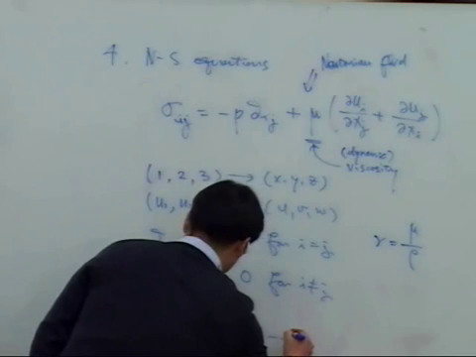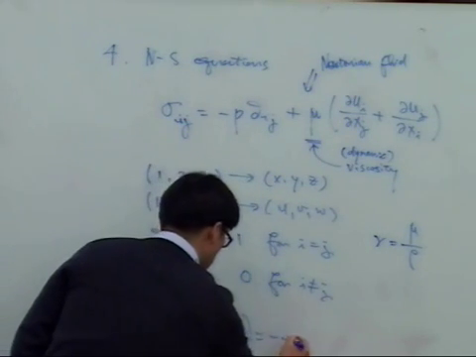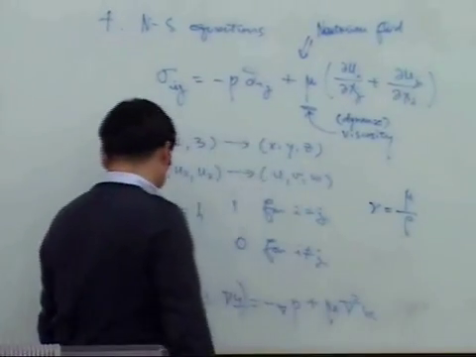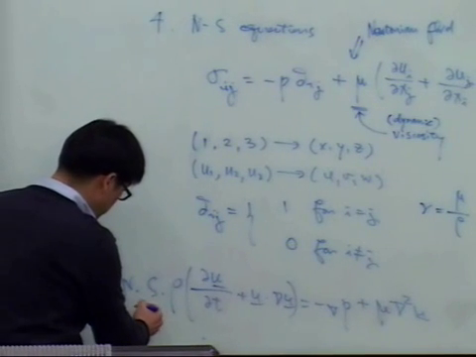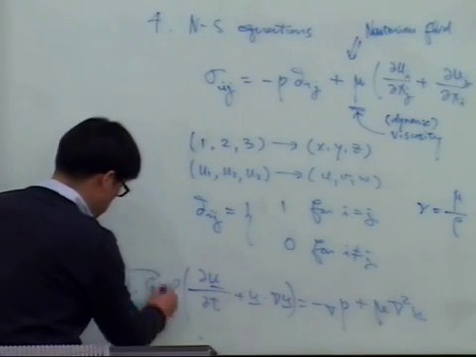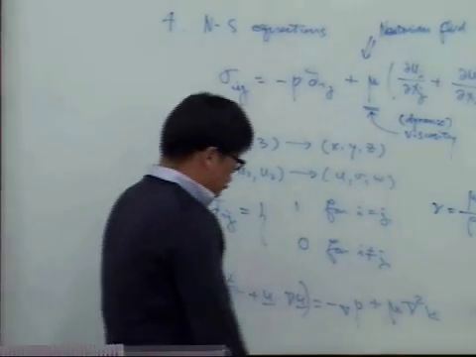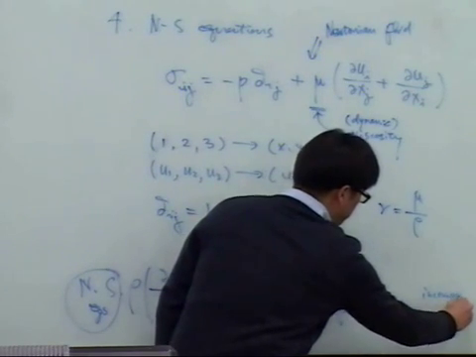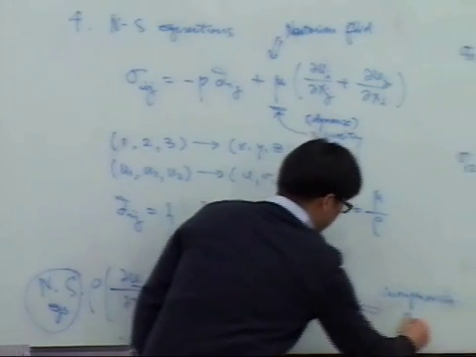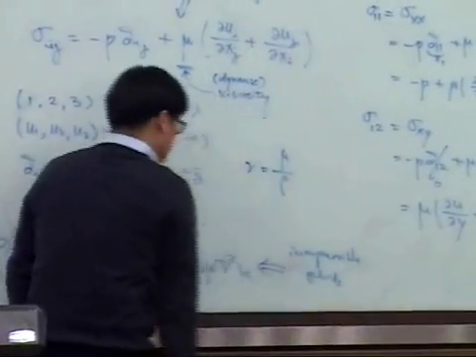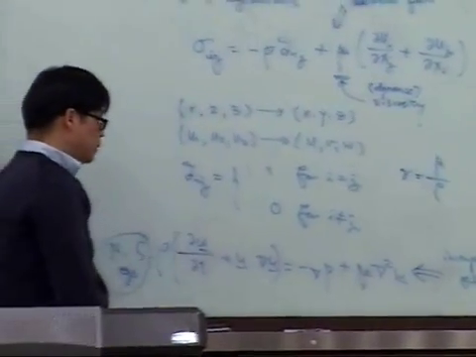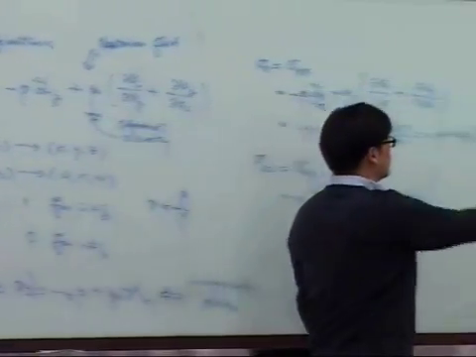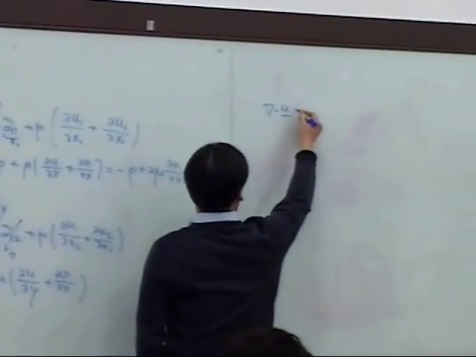We end up with, okay. So this is the Navier-Stokes equations. This is true for incompressible fluid, because we use the continuity equation at some point.